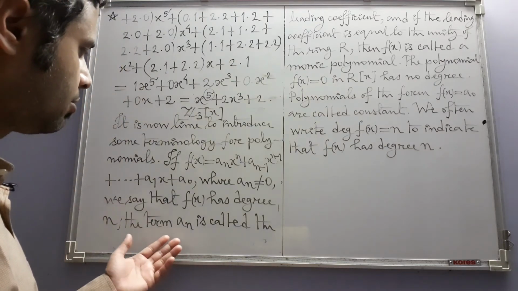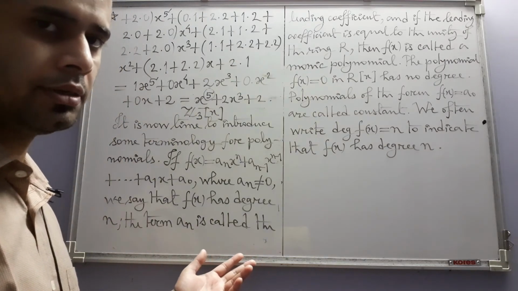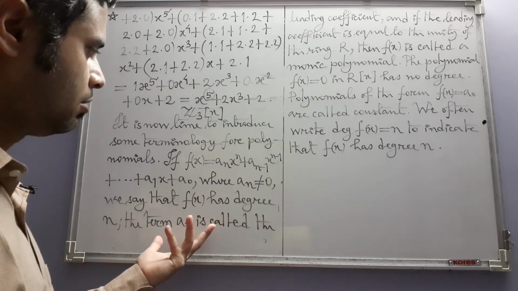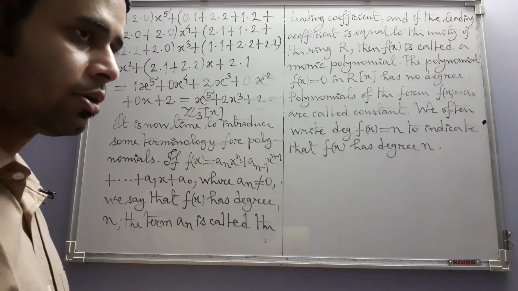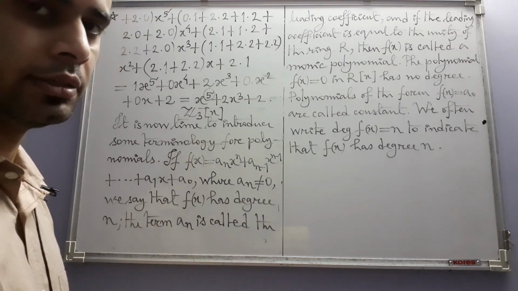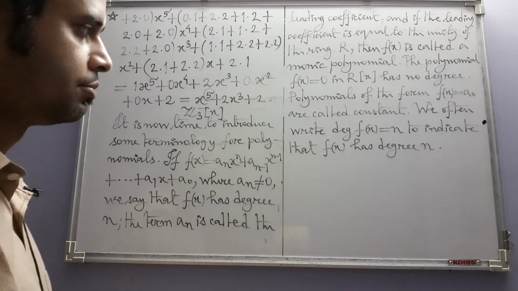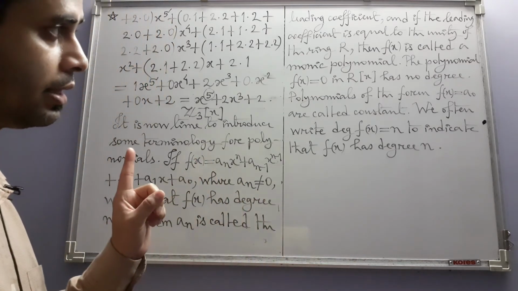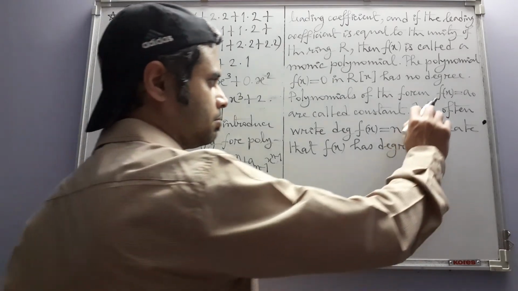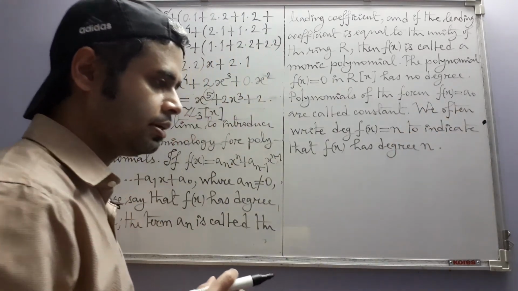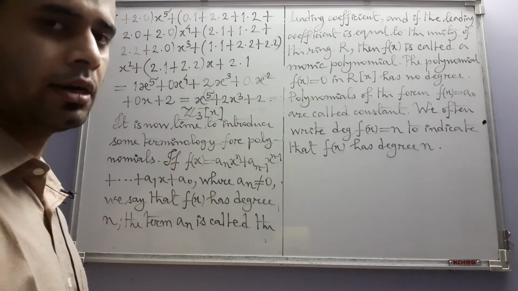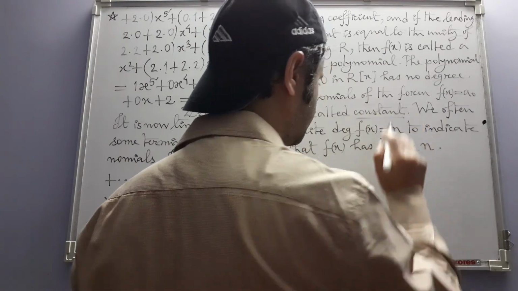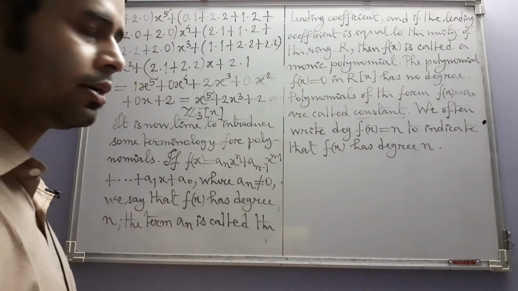And note that according to how we have defined degree, the degree of a polynomial is always a non-negative integer. It cannot be negative. So far we have seen it is not negative. It can be 0 precisely when the polynomial is a non-zero ring element, or in our terminology when the polynomial is a non-zero constant.